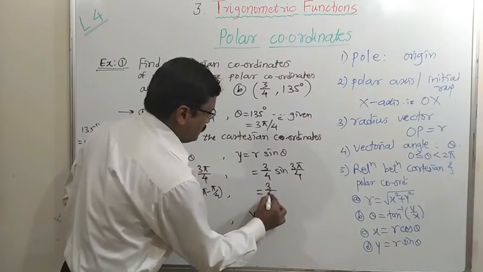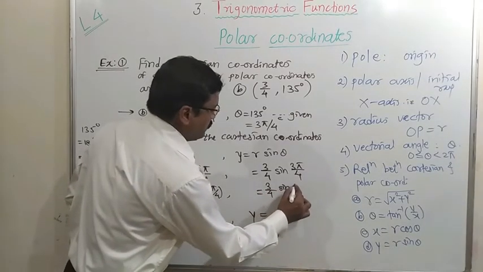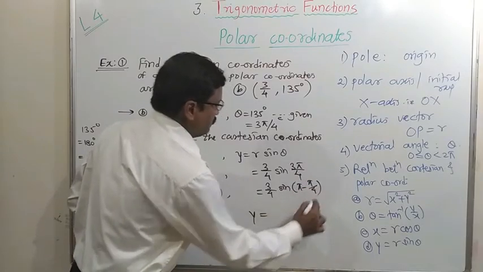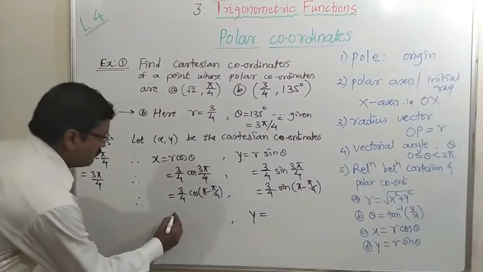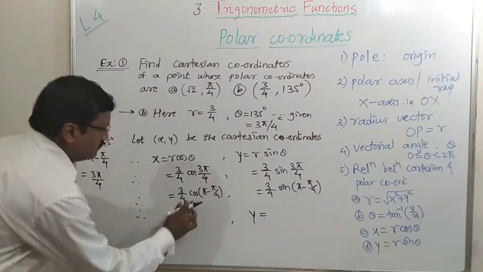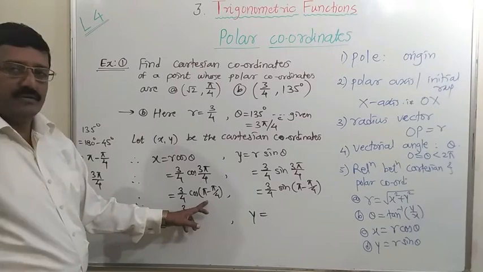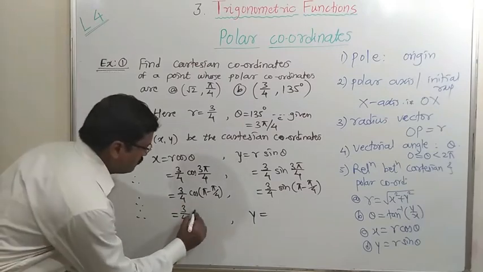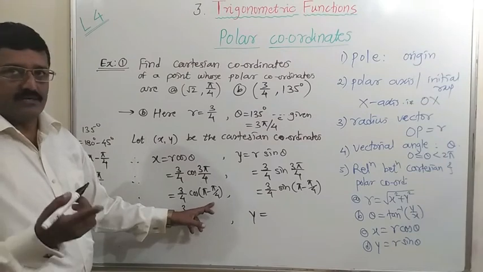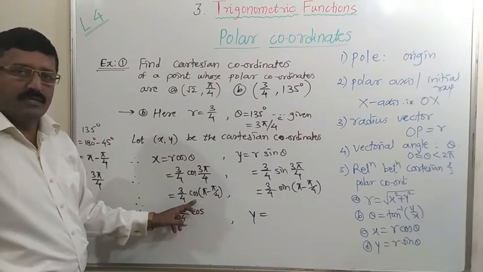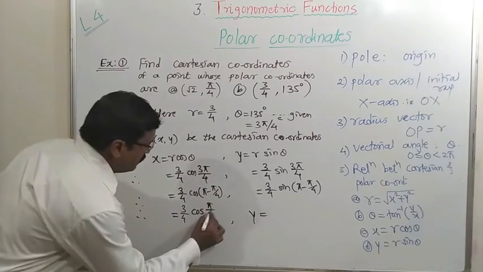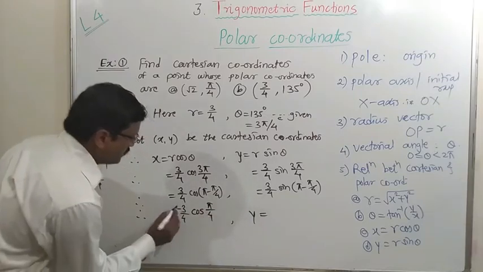Here pi is given, so there is no change in the trigonometric function, so it is cos. Now pi minus means second quadrant, and in the second quadrant cos is negative. So we get negative cos pi by 4. That negative sign goes here.